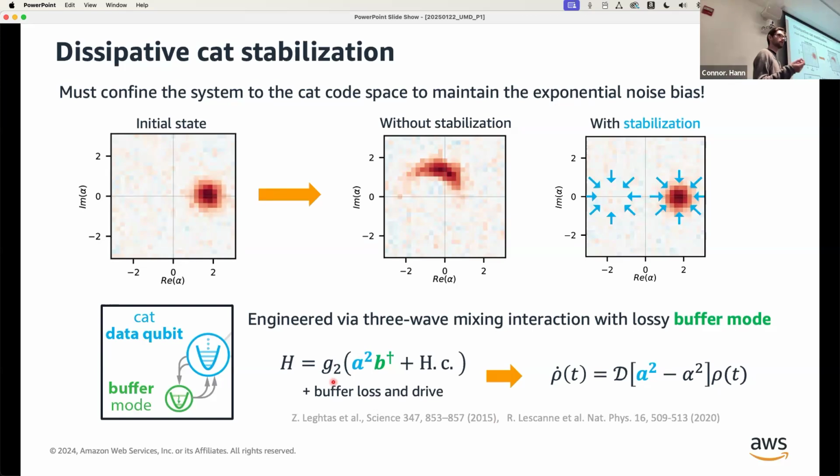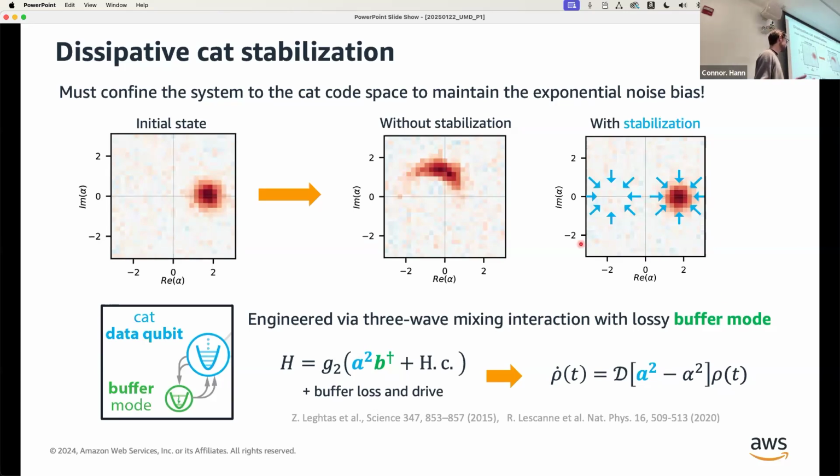This is a nonlinear coupling where pairs of excitations from this cat-qubit can be exchanged with a single excitation in the buffer mode. And if you combine this coupling with the fact that the buffer mode itself is very lossy, what you find is that the net effect on the cat-qubit is that it essentially loses photons to its environment in pairs. And this kind of two-photon loss, it turns out you can show, is exactly what you need to stabilize the state of your bosonic mode to this cat-qubit manifold.